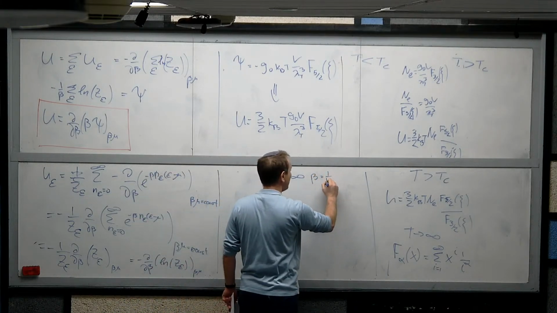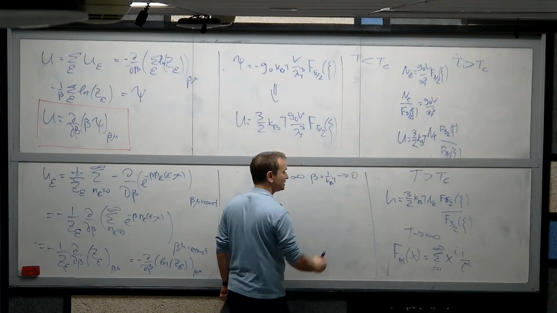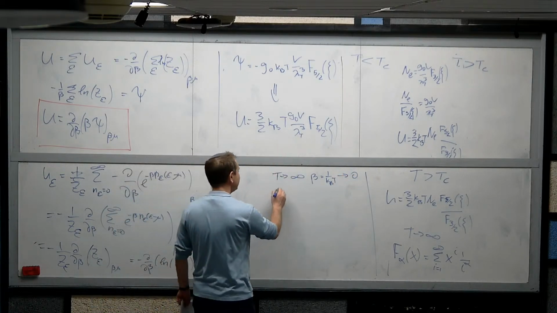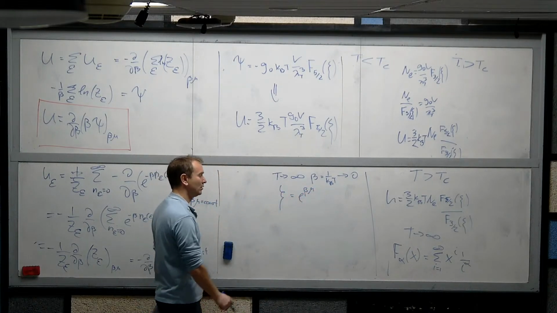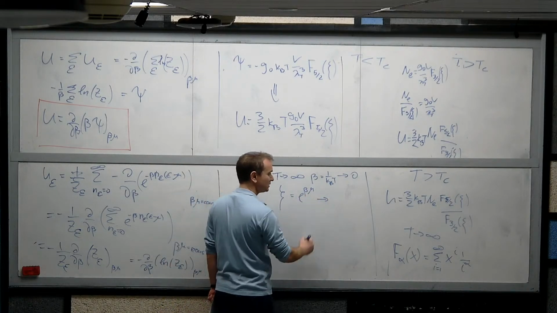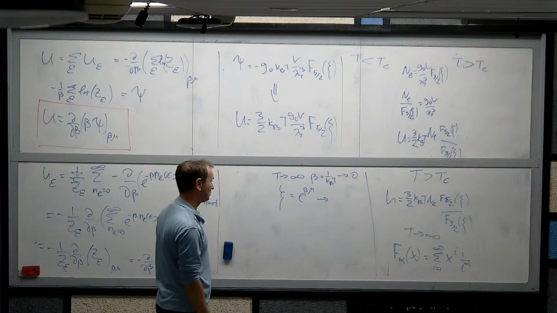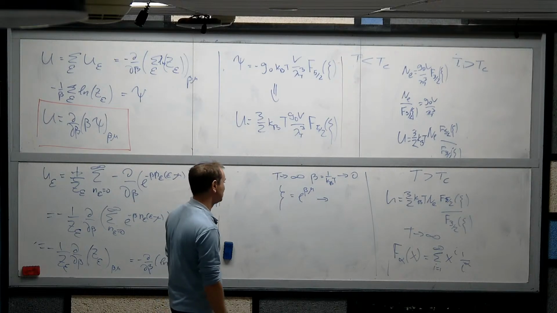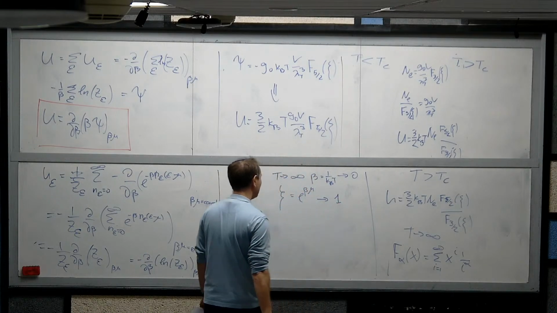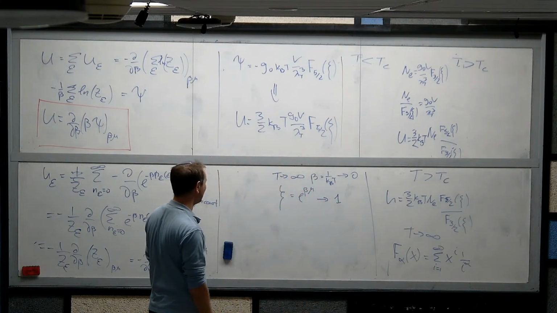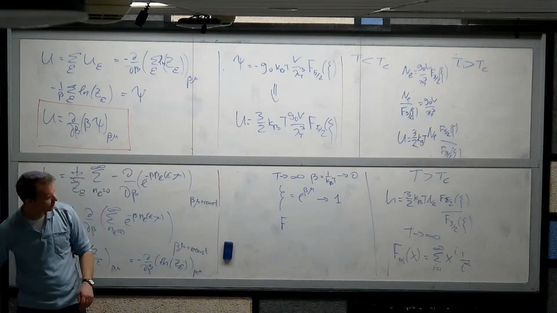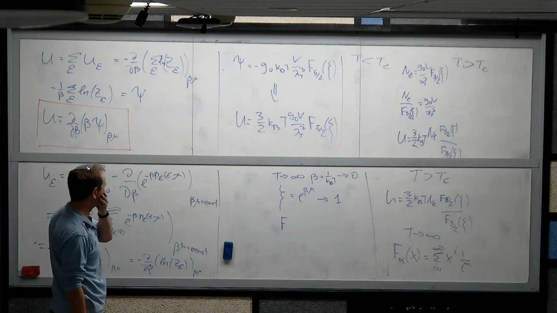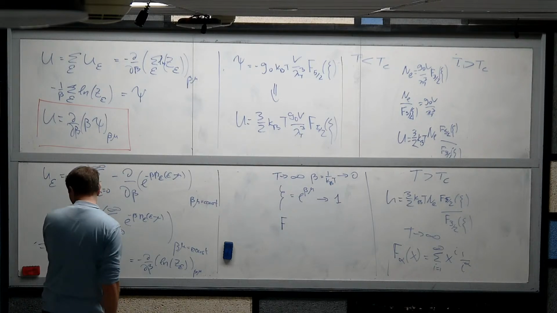Beta equals 1 over k Boltzmann T goes towards 0. Fugacity, it's e to the power beta mu, goes towards what? 1. Right, this is okay. Towards 1. Yes.